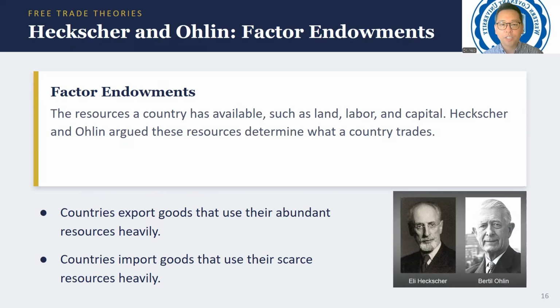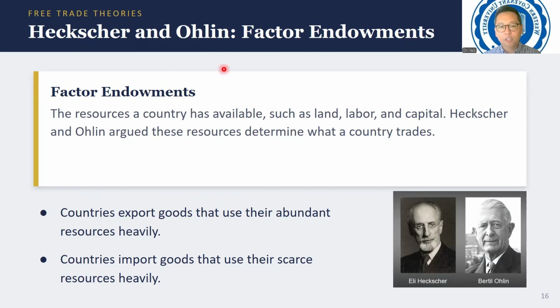Ricardo's theory explains comparative advantage, but it does not fully explain where that advantage comes from. To explain that, two Swedish economists, Heckscher and Ohlin, answered this question in the 1900s. They introduced the idea of factor endowments.